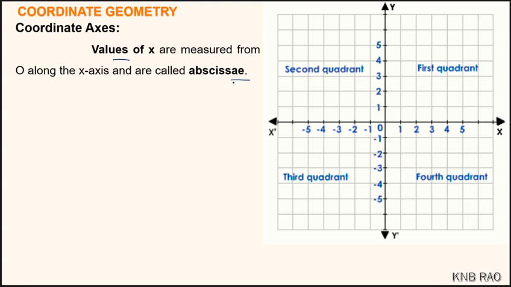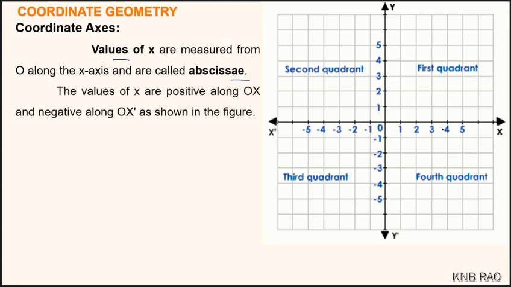So, the value of x will be called abscissa, which is actually the distance from the origin O. If I take this point, this 5 is just the distance from O to that point. Okay. Then the values of x are positive along OX. Along OX they are positive, along OX' negative.